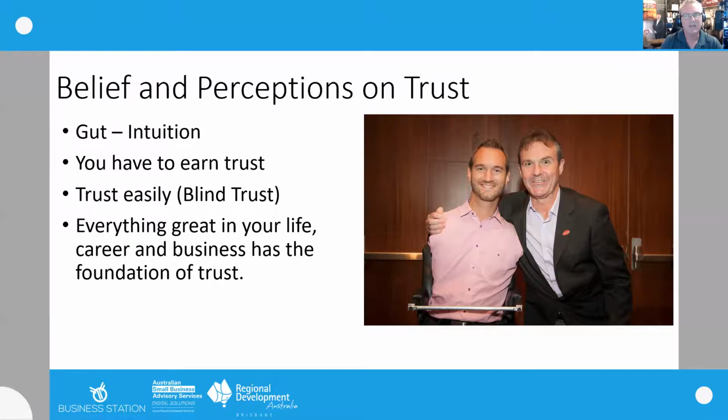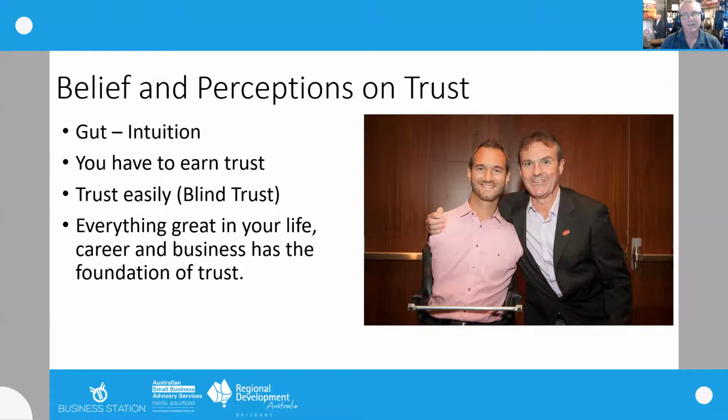But one of the things I know about trust is that everything that's great in your life, your career, or your business has been built on the foundation of trust.